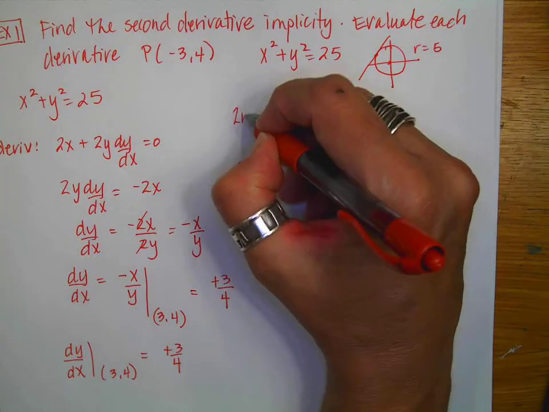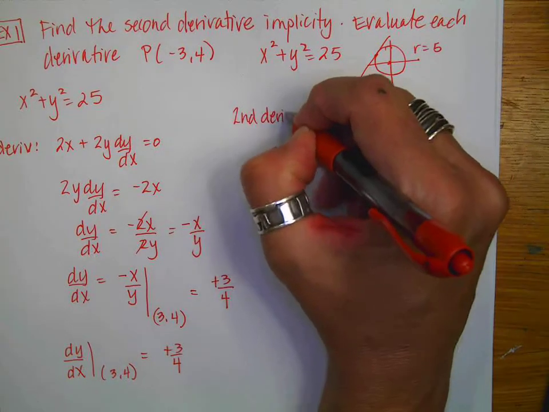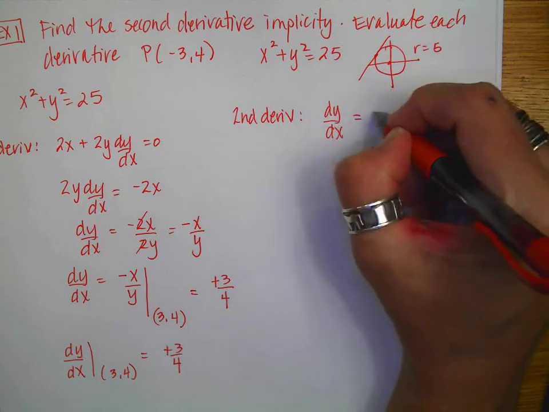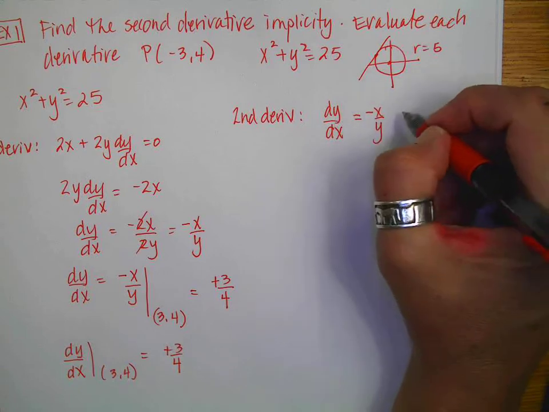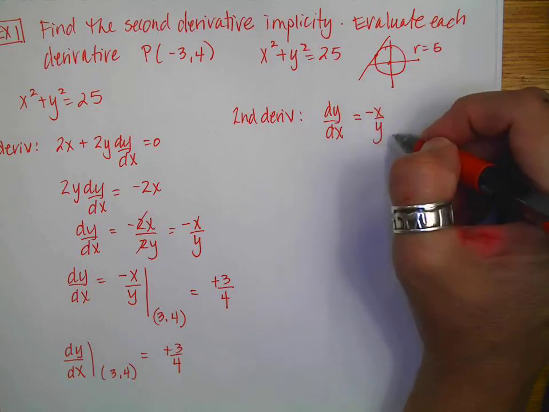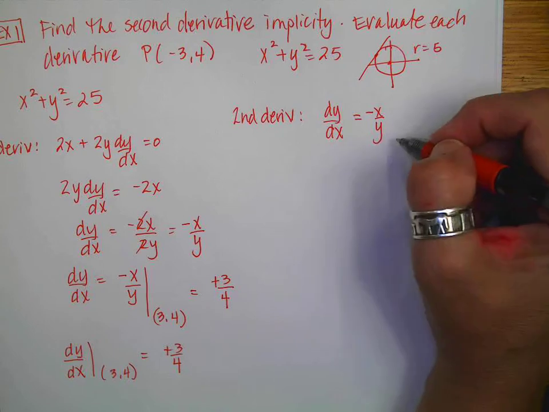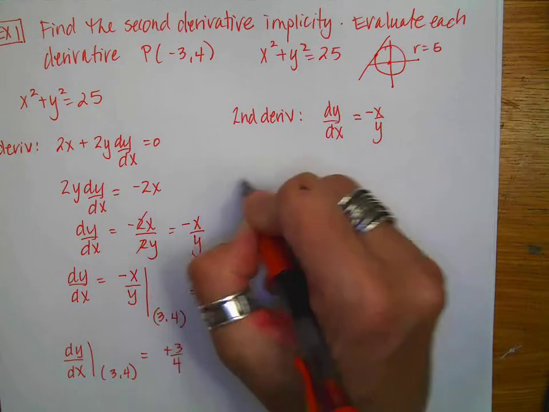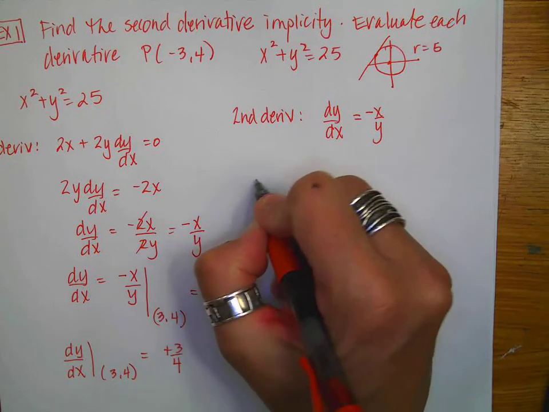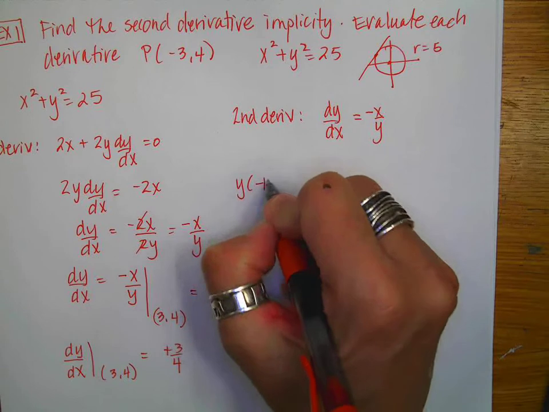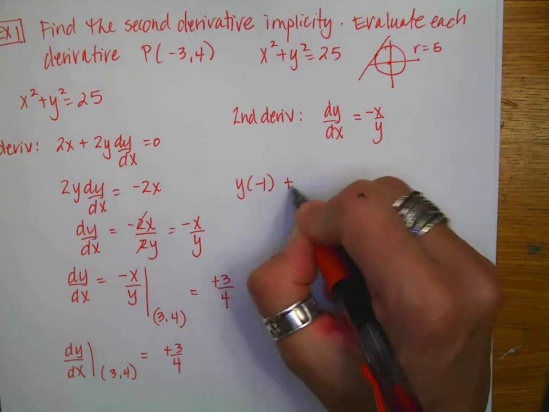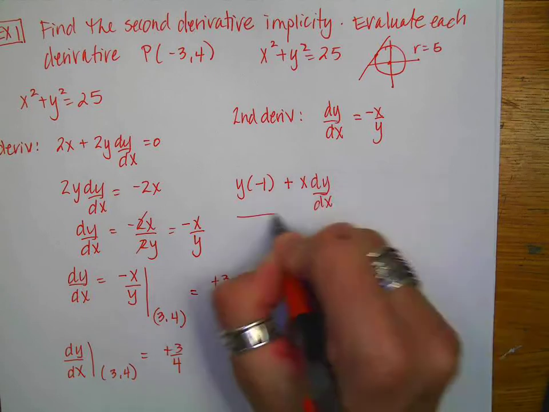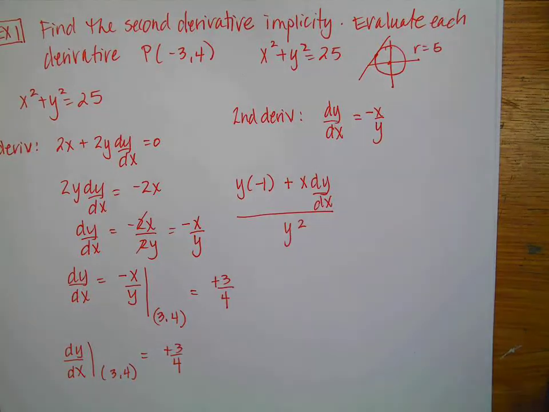Now I'm going to do the second derivative. dy/dx was equal to -x over y. I could do the quotient rule or the product rule, but just to practice, I'll do the quotient rule: low times the derivative of the high minus high times the derivative of the low, over low squared.